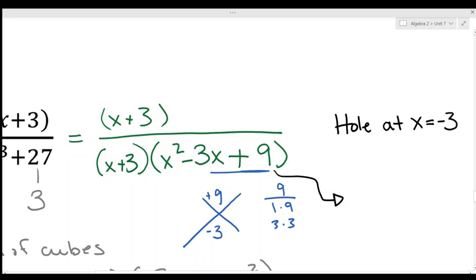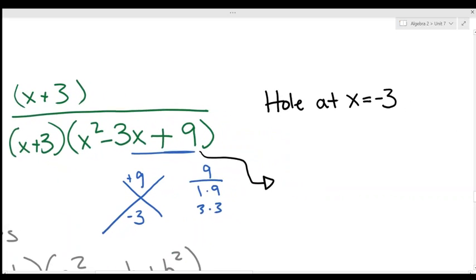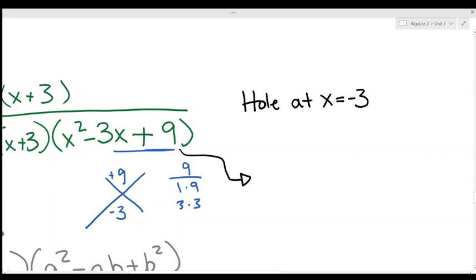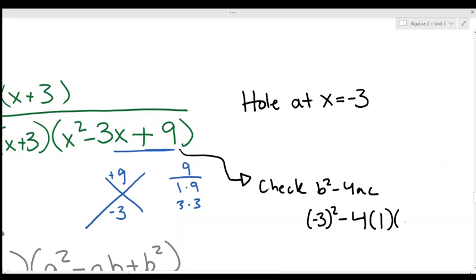Now, to check, you're going to use something called the discriminant. We did this way back in the day, which is using b squared minus 4ac. Okay, so my b value in this case is negative 3, squared, minus 4. My a value is 1, my c value is 9.